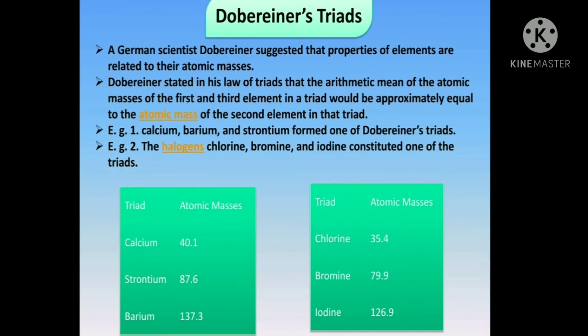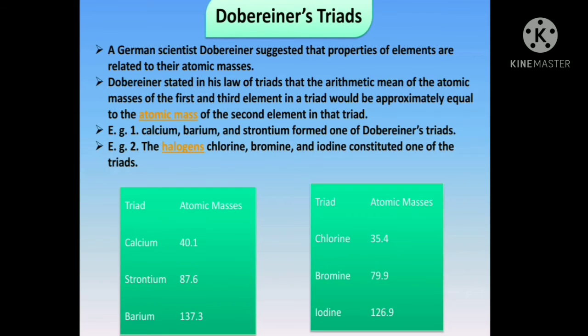Second example, halogens: chlorine, bromine and iodine constituted one of the triads according to Dobereiner. Again, let us see how. Chlorine has atomic mass 35.4 and iodine 126.9.